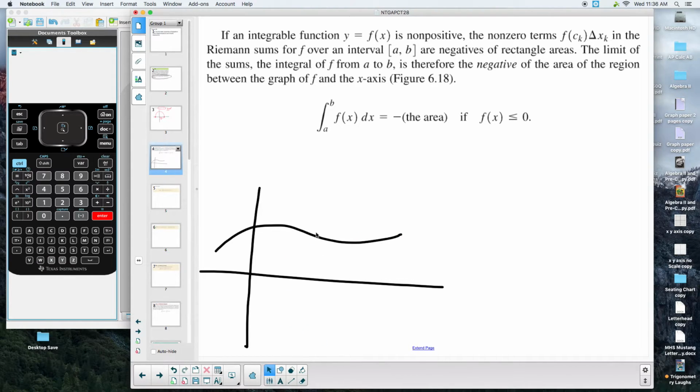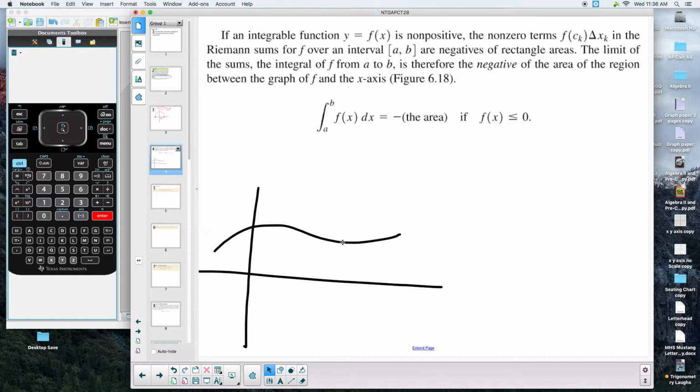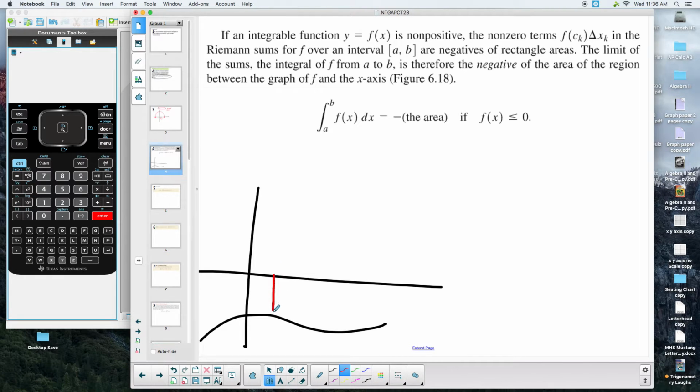If our function is below the axis, when we calculate the integral, it's not going to be the area, it's going to be the opposite of the area because it's below.